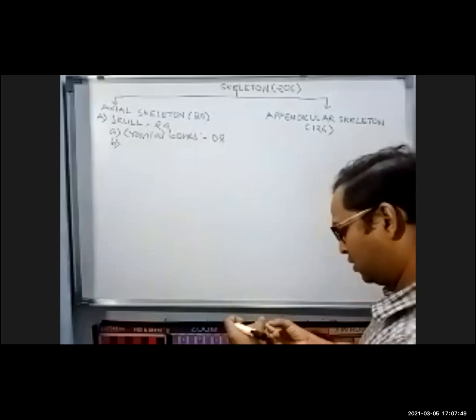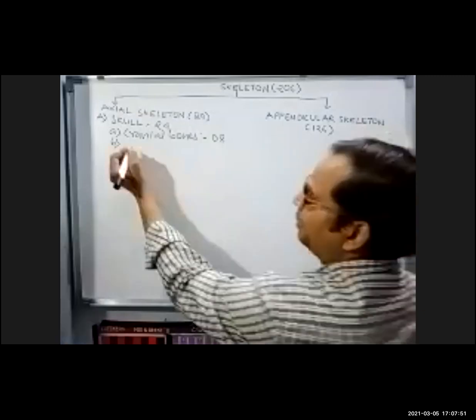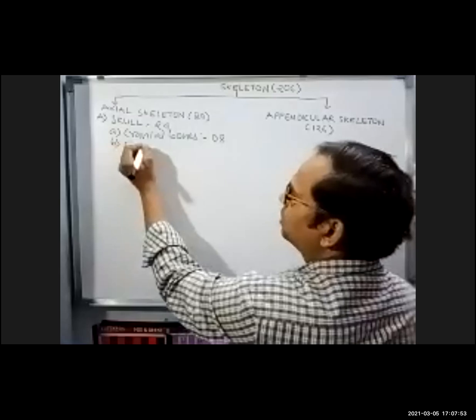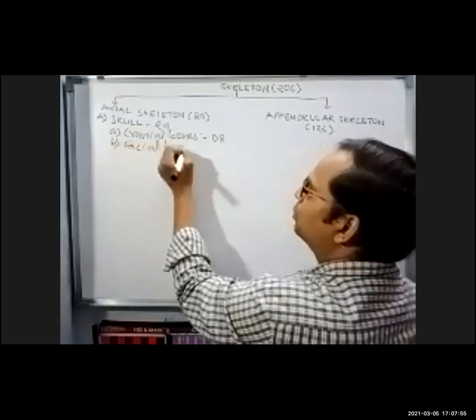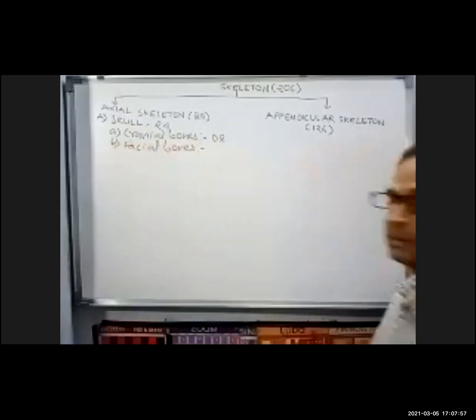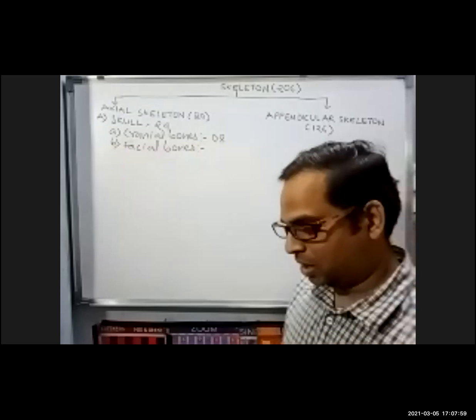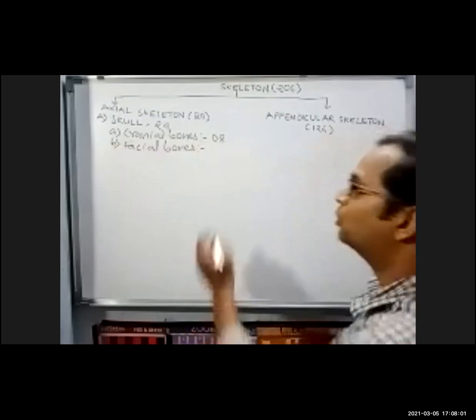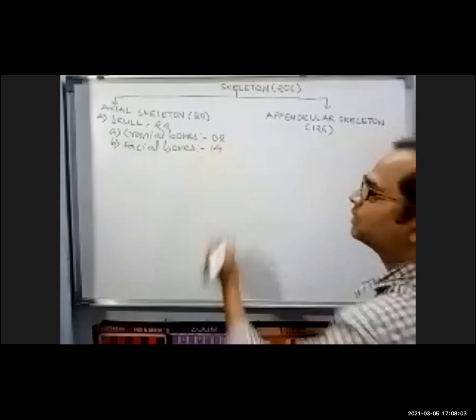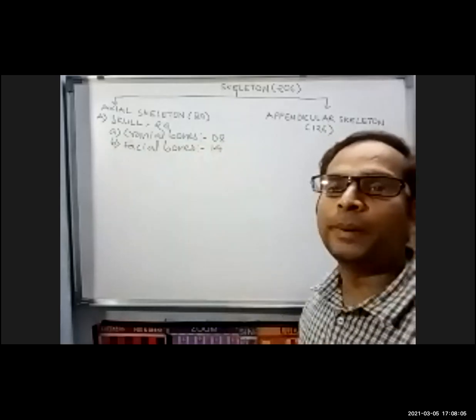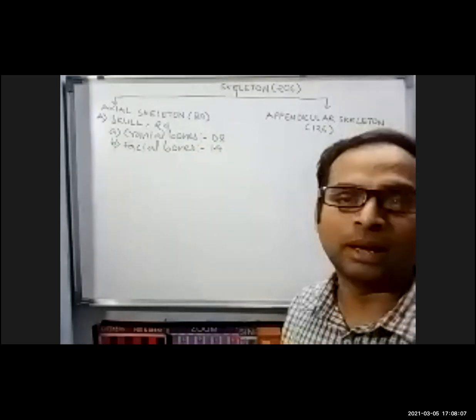Next to that, now we have facial bones. Facial bones means bones of your face. There are a total of 14 bones in the face, out of which 12 are paired and 2 are unpaired. Am I right?